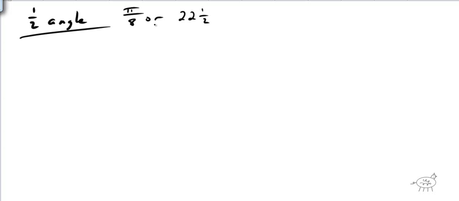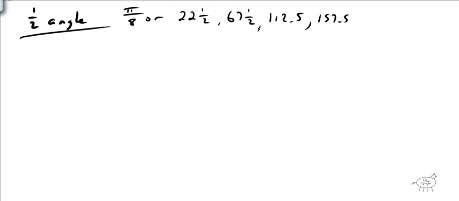So if it was half of 135, it would be 67.5. It's really easy to recognize it. Here 225 divided by 2 is 112.5. 315 divided by 2 gives you 157.5. Again, pretty obvious to use half angle.